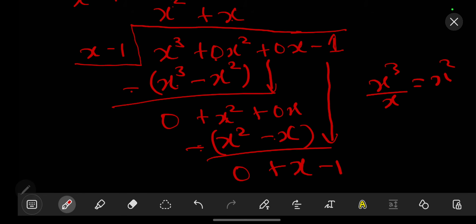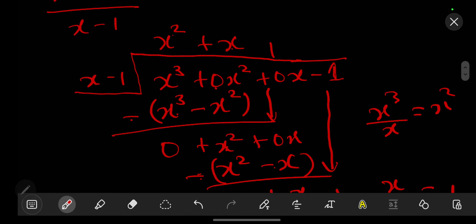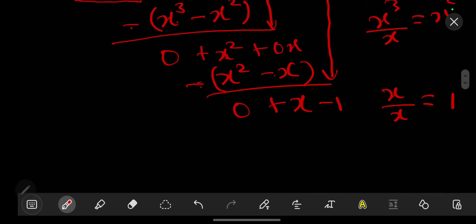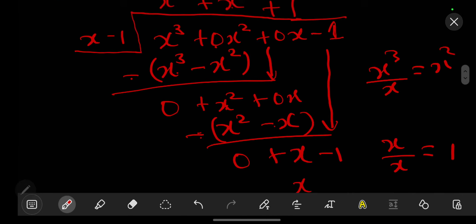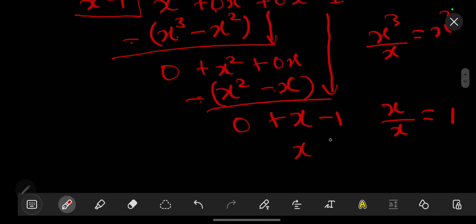Then divide x divided by x. This will give us a 1. So you are going to write plus a 1, like that. Multiply 1 by x, it will give us x. Then 1 by -1 will give us a -1.